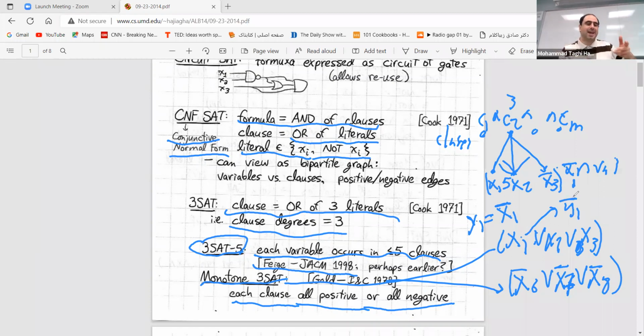So x1 goes to y1 bar and x1 bar goes to y1. This is a reduction that sometimes we will use, and I will talk about it. If you do such a reduction, the formula remains in the same form, because it is monotone: the all-negated clauses become all positive, and the all-positive clauses become all negated. So we can go from one variable to its negation, and that sometimes is helpful.